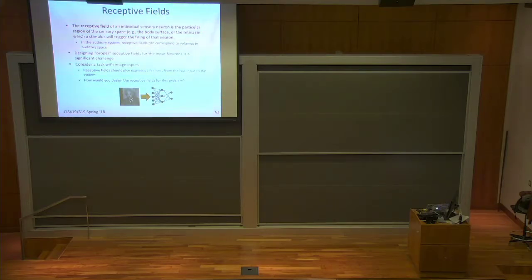Mm-hmm. Let's say we have this issue that some images are big, some images are small. How would you deal with that? I guess that would have to do with how you extract the features, and also I don't know if you would make it so that the neural net would be able to generalize.